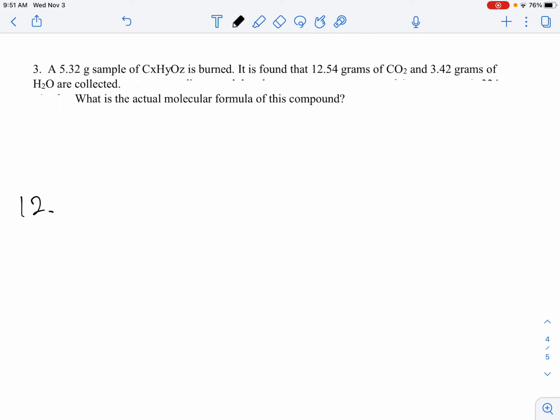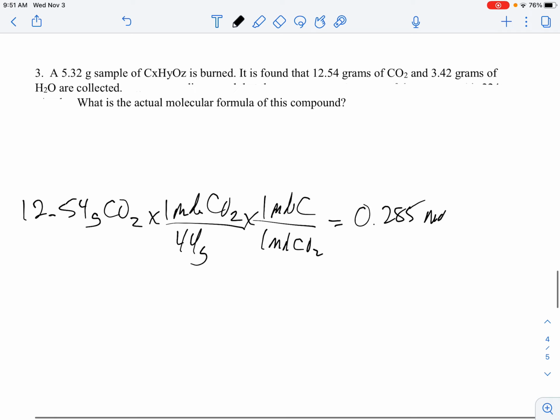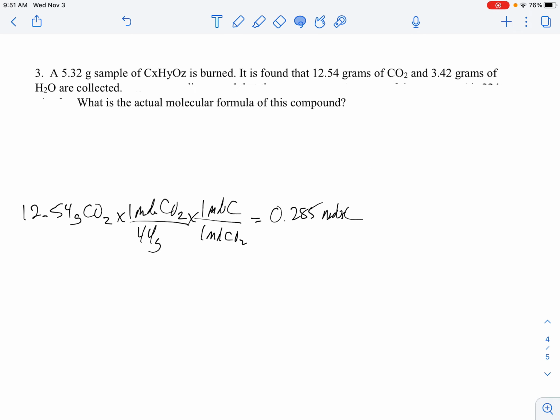I'm going to start with 12.54 grams of carbon dioxide, multiply that by 1 mole of carbon dioxide for every 44 grams, and then multiply by 1 mole of carbon for every 1 mole of carbon dioxide. So 12.54 divided by 44 gets me 0.285 moles of carbon, my first step in the process.